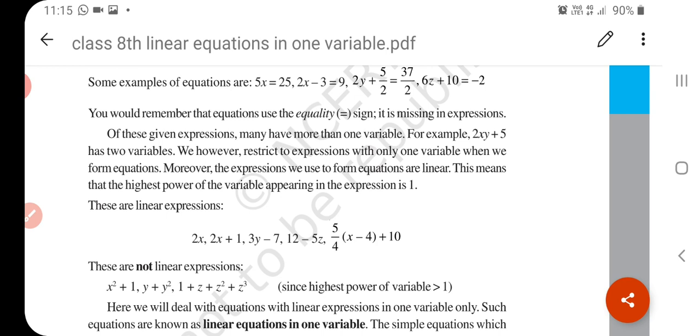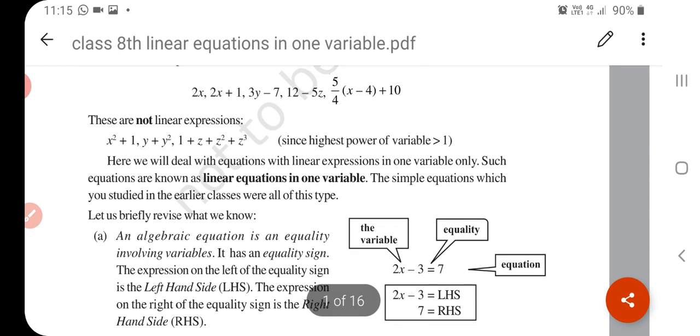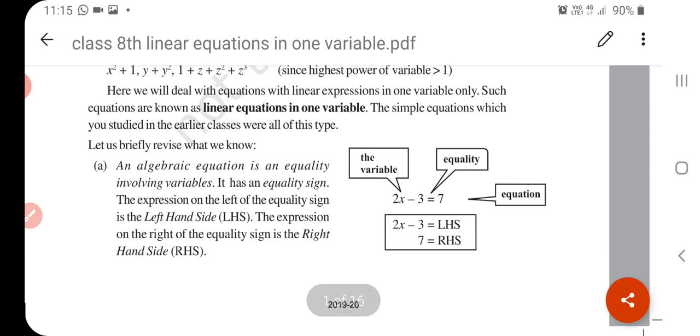So a linear equation has an equal to sign, a variable, and two sides, that is LHS and RHS. LHS is called left hand side and RHS is called right hand side.